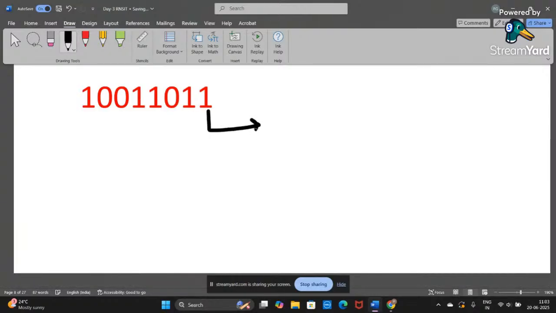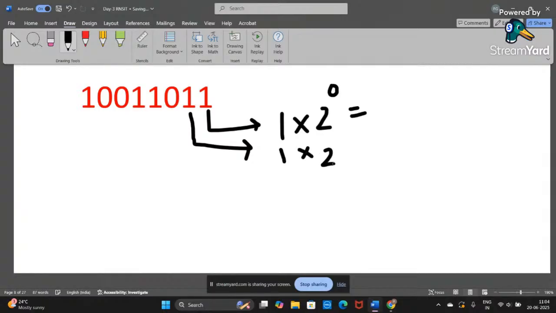So first, let us take the first number into its place value, which is 2 to the power. First, we have to start with 0. At last, we'll write the values. Next, 1 into 2 power 1. 0 into 2 power 2.